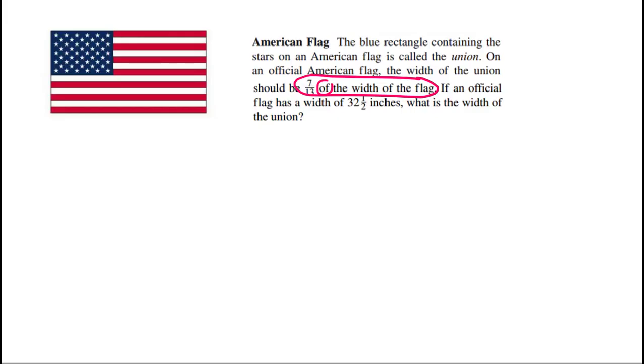Not divide. Well, if you're thinking about fraction form, yes. But what's another way? It's 7/13 of the width of the flag.